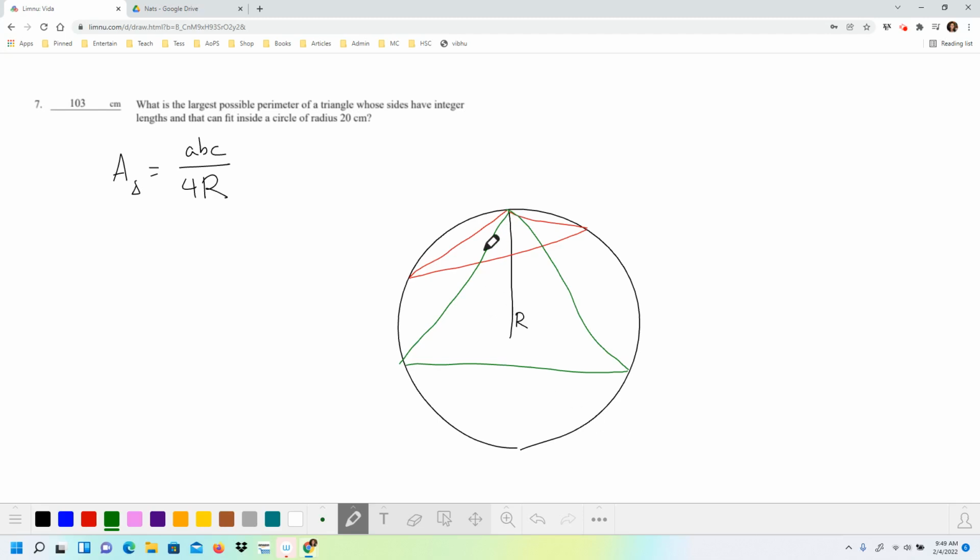Notice that as we get closer to a triangle that looks more like an equilateral triangle, we will maximize not only the area, but we also maximize the perimeter. So it seems like maximizing the area of a triangle with a given circumradius is also going to maximize the perimeter. So my strategy here is to maximize the area, or maximize this expression.